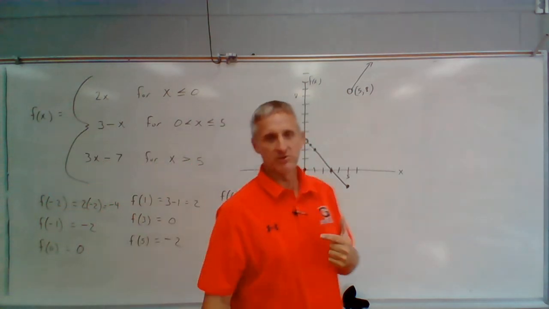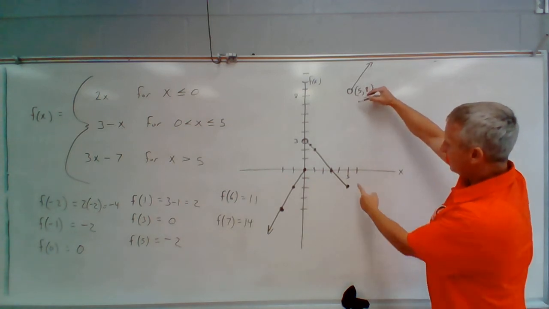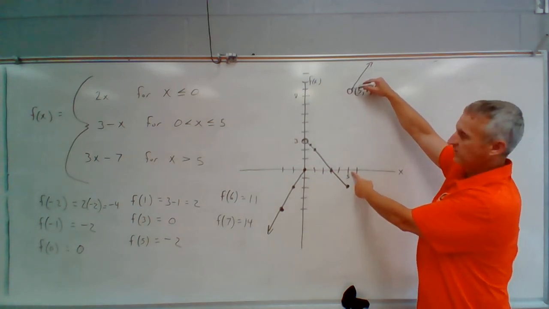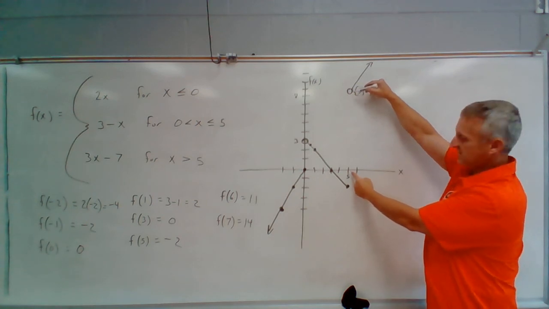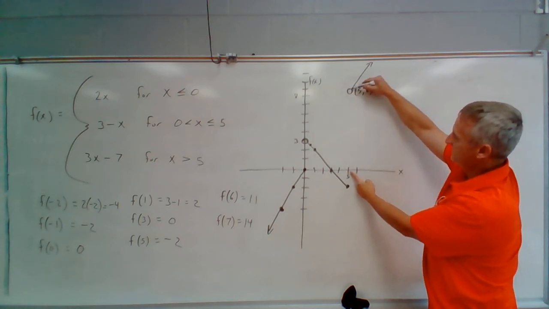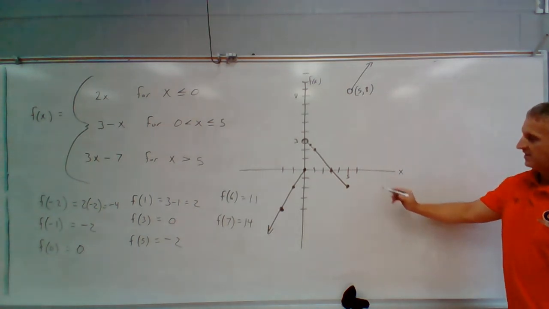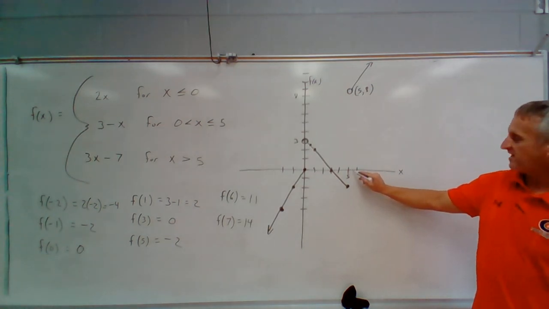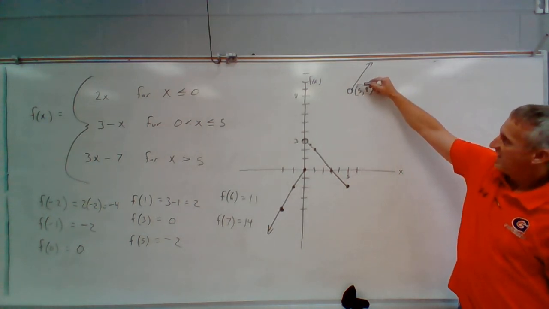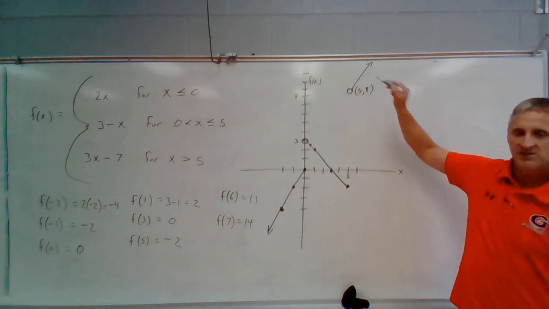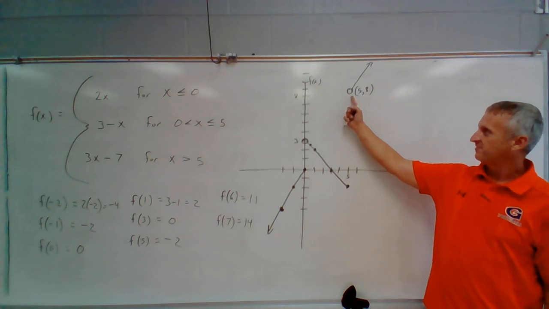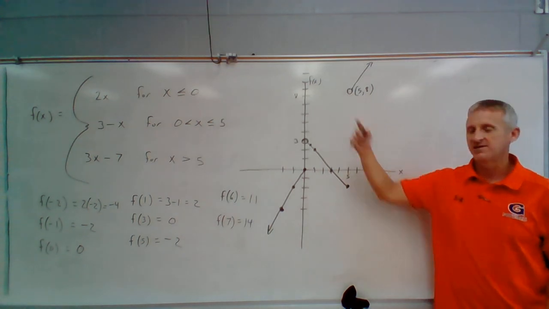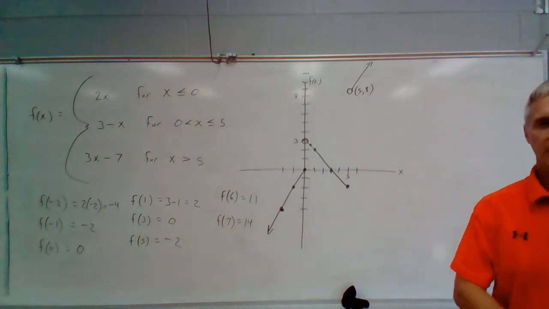Again, what the open circle means is that I can plug in numbers like 5.1, and that'll give me something really, really close to 8. I can plug in 5.01, get something really, really close to 8. I can plug in numbers as close to 5 as I want to get, and I'll get y values as close to 8 as I can get. But I can't plug 5 in here and get an 8.